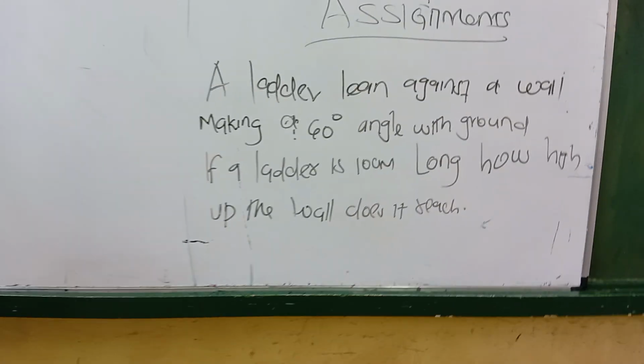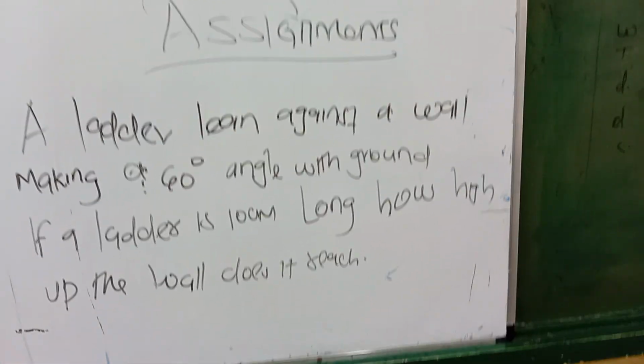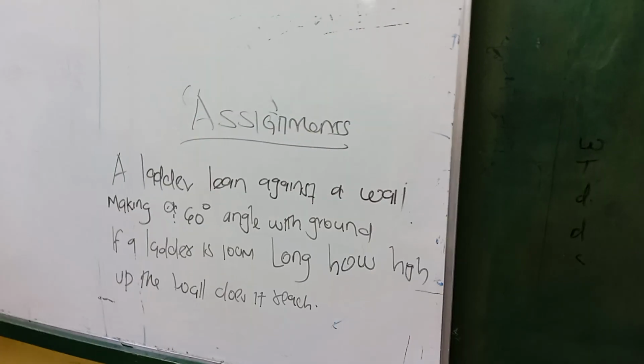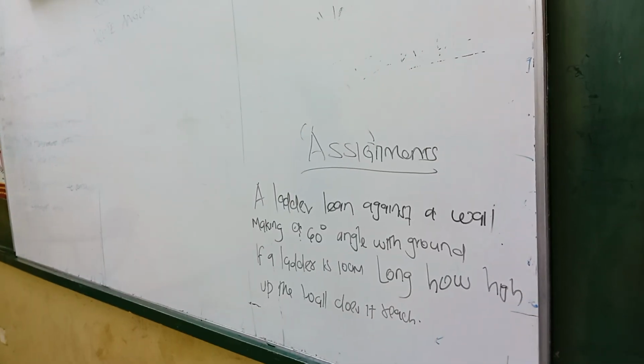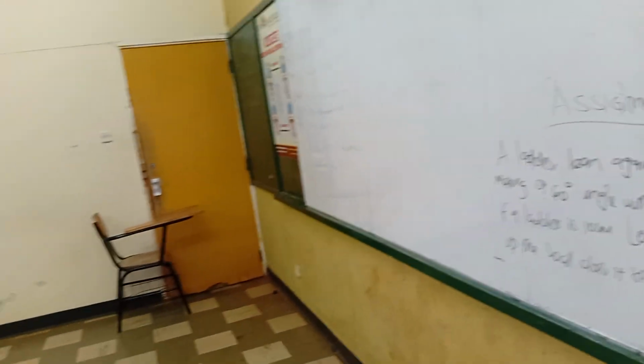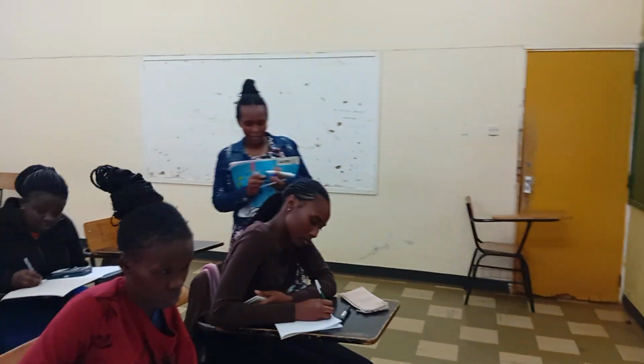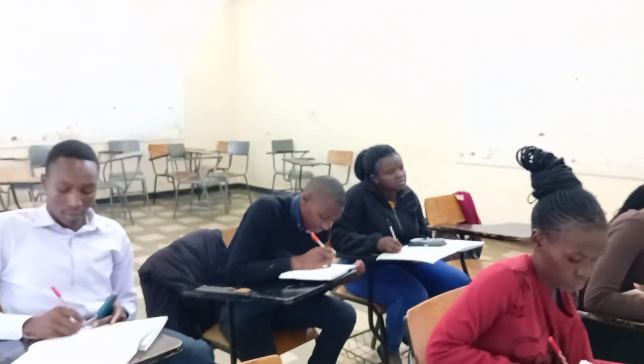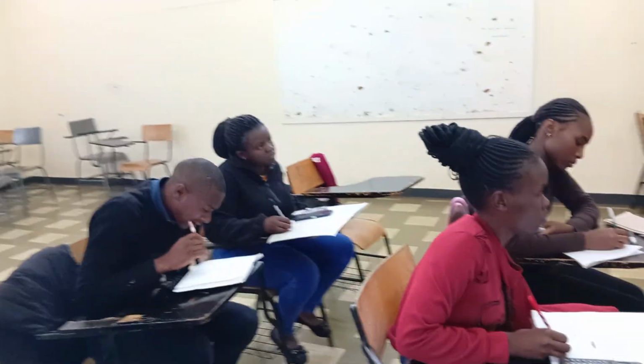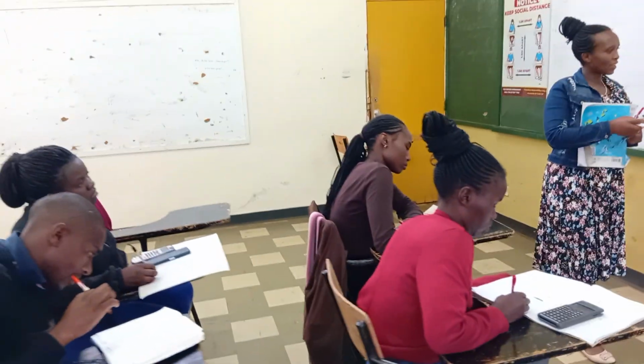So that's our assignment. Kindly write the assignment. A ladder leans against a wall making a 60 degrees angle with the ground.